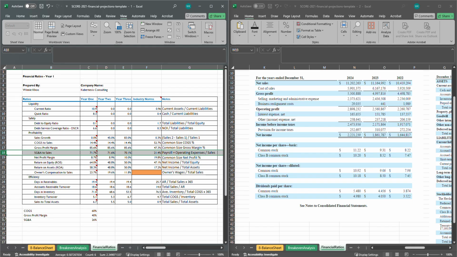My SG&A is 26%, Hershey's is 21%. So taking all of that together, my net profit right now is sitting at 9%, and Hershey's is at close to 20%. So they're almost 2 times as profitable on a percentage basis as I am currently.